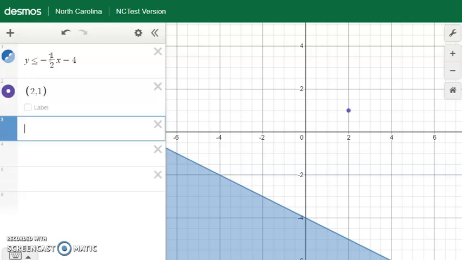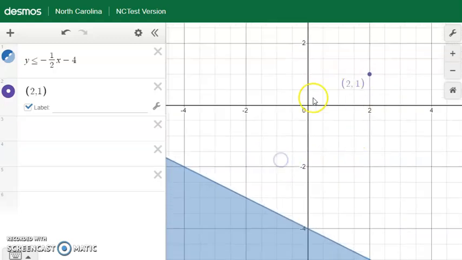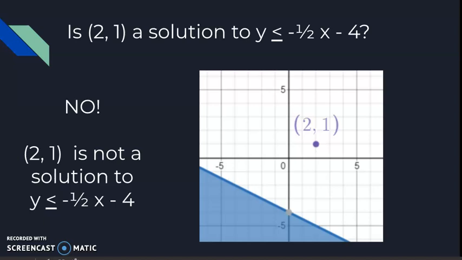Now, as I look at my graph, it's pretty clear to see that (2, 1) is definitely outside of the shaded region. So, is (2, 1) a solution? No, (2, 1) is not a solution.